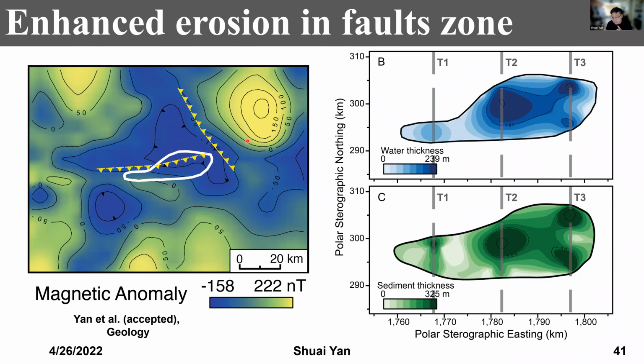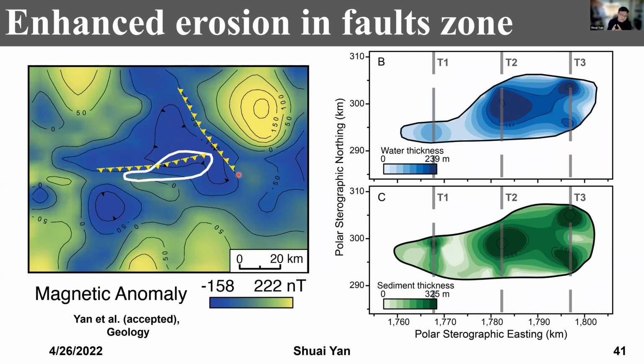And as you can tell, most of the water and sediment sit in the deeper northern basin, which means there is enhanced erosion in the northern basin. And that's exactly where we propose those two faults in the bedrock. So enhanced erosion possibly associated with the geologic context.